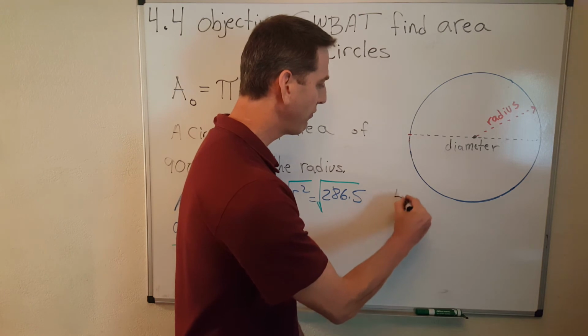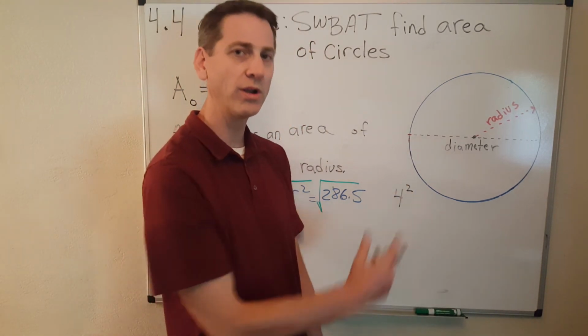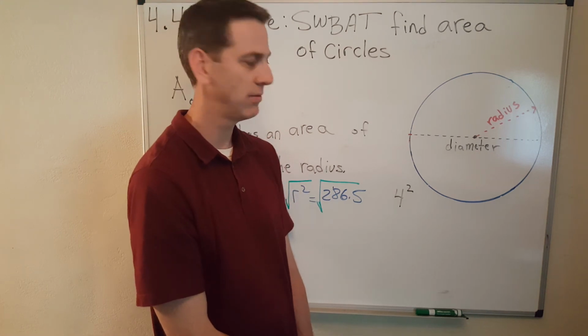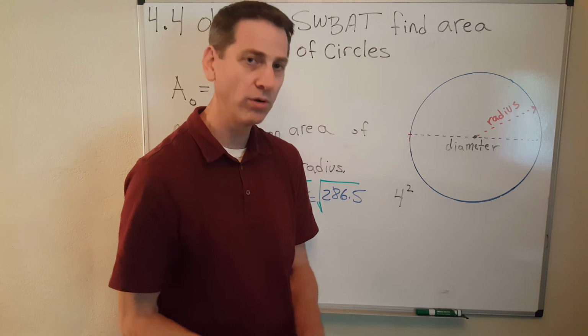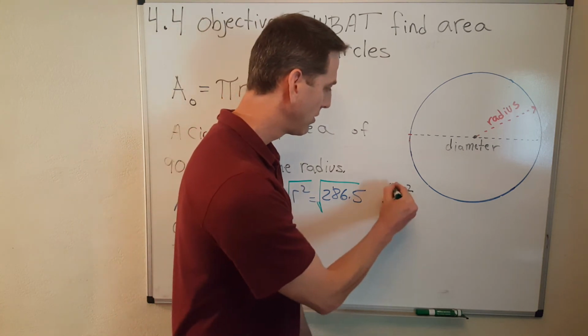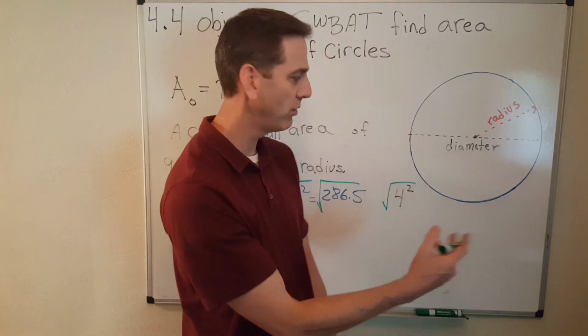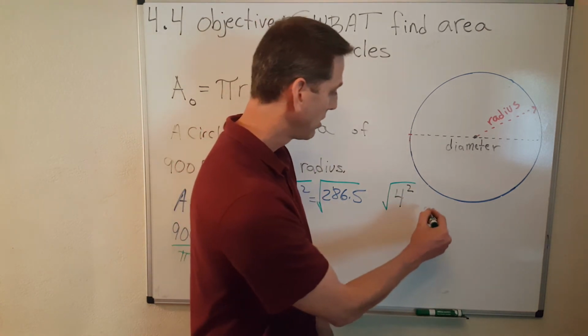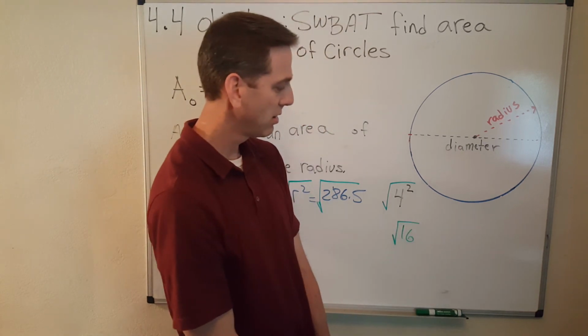If I have the number 4 and it's squared, of course 4 squared is 16. Now watch what happens if I take the square root of this. So 4 squared is, we'll just say the principal square root, is 16. But I still have that square root there, right?